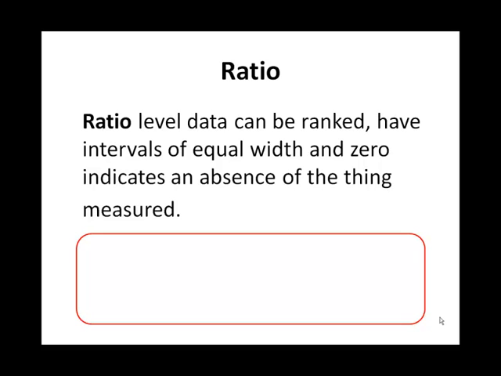So what's a good example? Weight is an excellent example of this. So I really can't weigh 0 pounds, right? I suppose I could stand on a scale that only measures weight in tons.